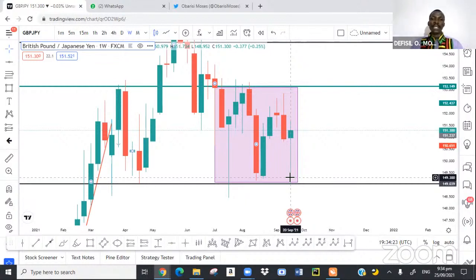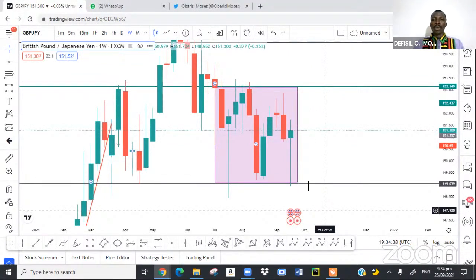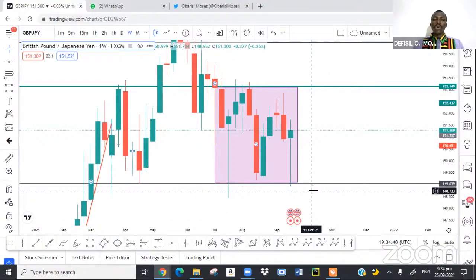Even on the weekly time frame, you can see that the range is still valid. So if we are not range traders, we are traders who do not trade range, we should be waiting for this market to either break upward or break downward before we continue in whichever direction we are following.